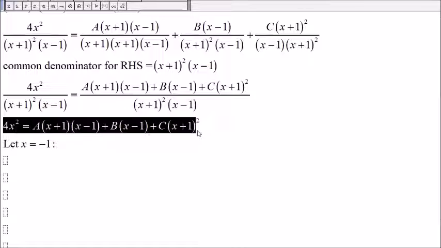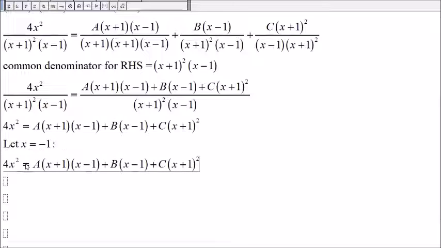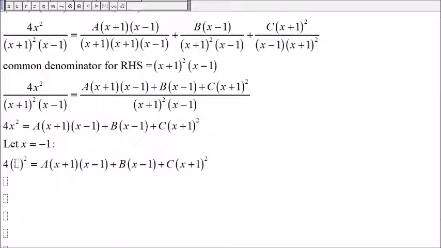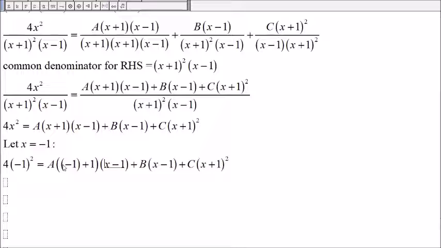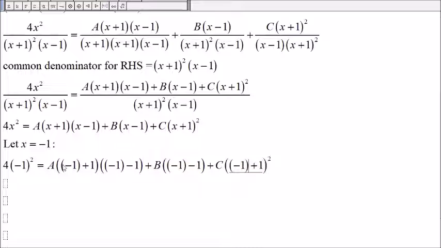Then in the place of x, we have -1. -1 squared is 1, and then 1 times 4 is just 4. -1 plus 1 is 0, so this whole thing right here would be 0.